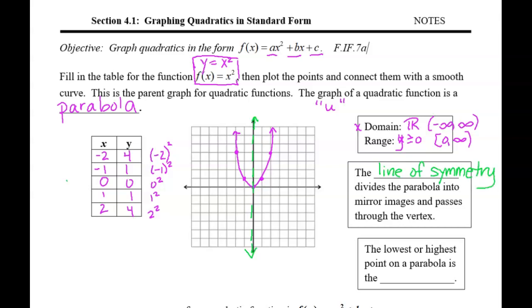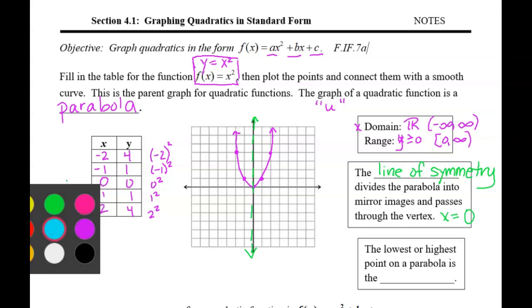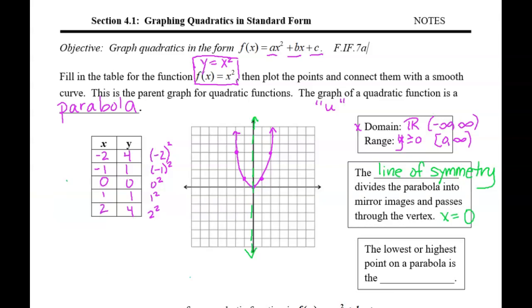It's always going to be a vertical line, and our vertex is at 0, so the equation would be x equals 0, all right? The lowest point on a parabola, or highest point, is called the vertex. I might call it the bottom or top, but its special name is the vertex. And that is the line of symmetry.